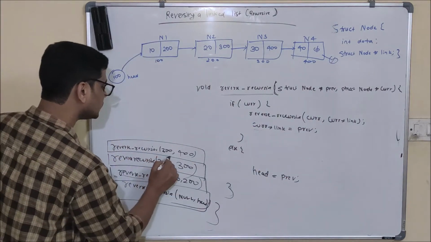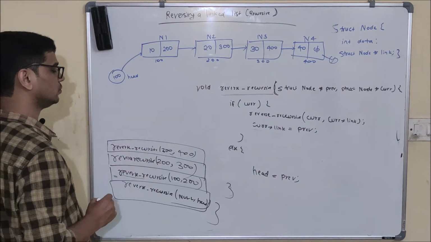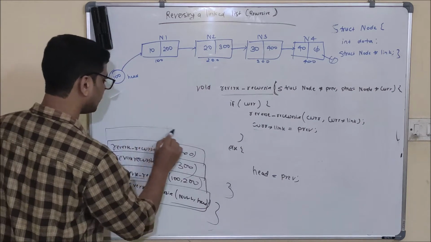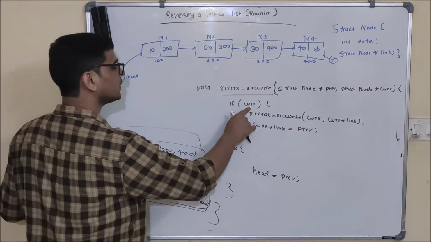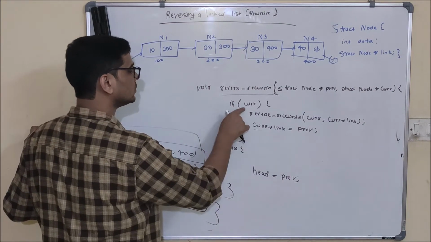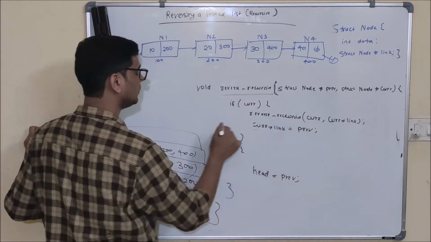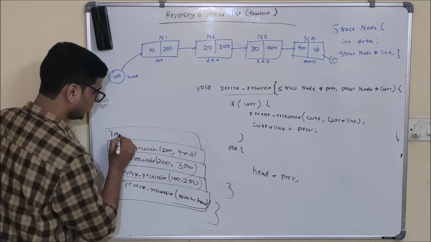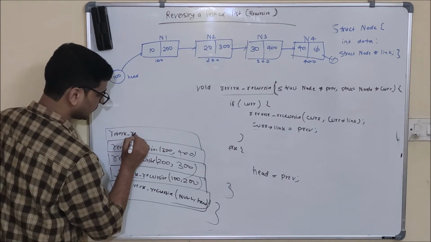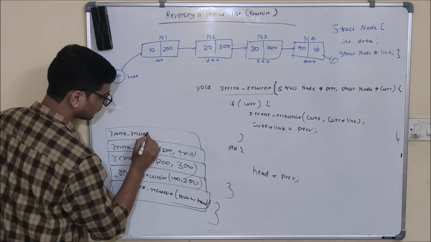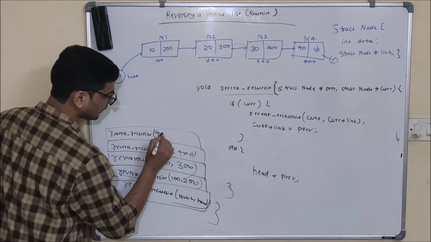Once this function call comes for its execution, again current is 400. So this check will be true and a function call will be made to reverse recursive, and current is 400.